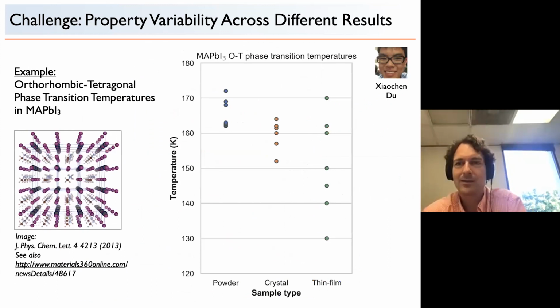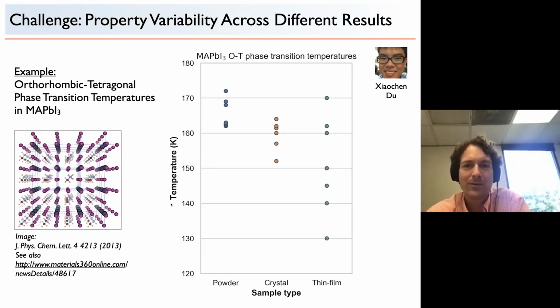This is something else that comes directly from the database that Zhao Chen put together a while ago. We looked at phase transition temperatures as another example, in this case, the orthorhombic to tetragonal phase transition in MAPI. This is sort of the grandmother of all phase transitions, I would say, in these materials. That should be very well studied. And yet it turns out that there's a fairly large variety of values for this transition temperature reported in the literature.